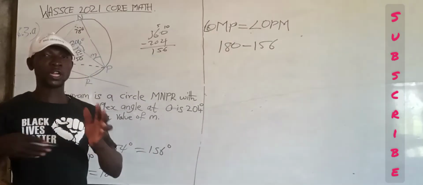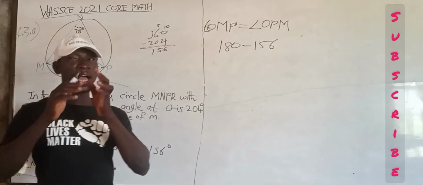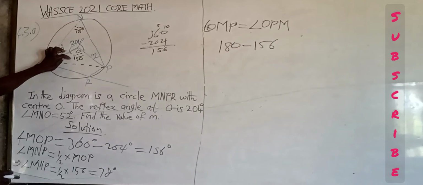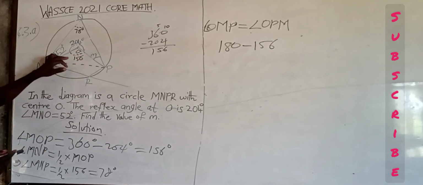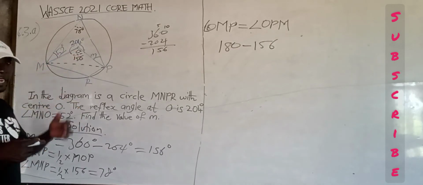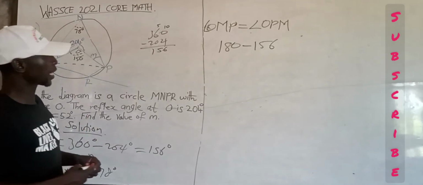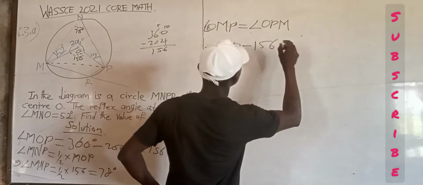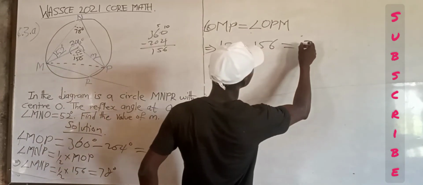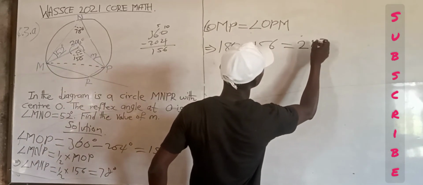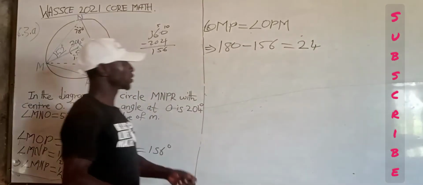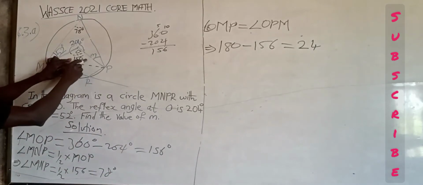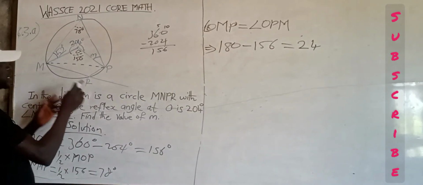When you add all the angles in any triangle, you get 180. So if out of 180 we have 156, then what is left is 24.